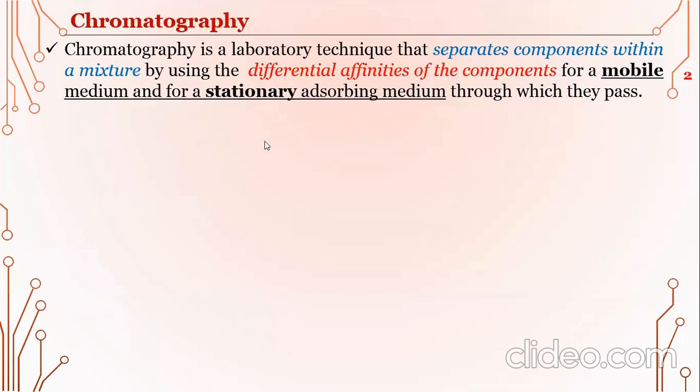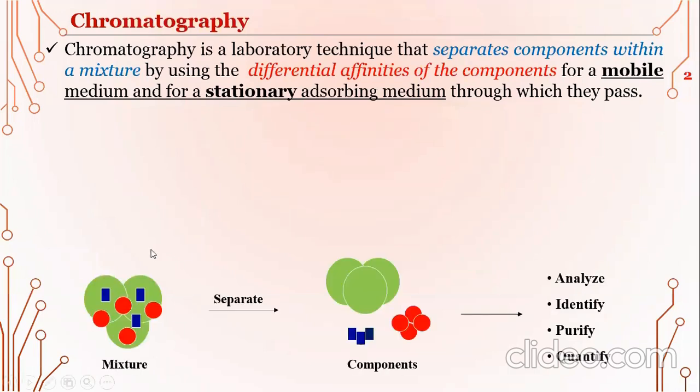If you can see this one, in the start we will be having a mixture of components, and we can then separate them out, each of the components. And why do we need to separate them?